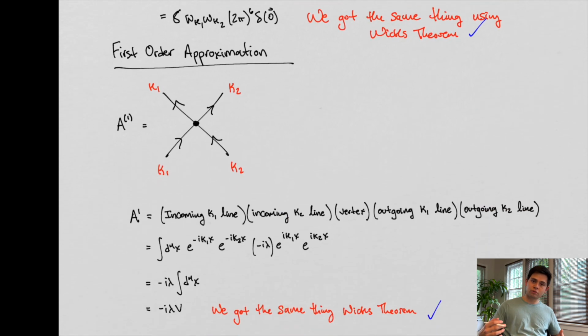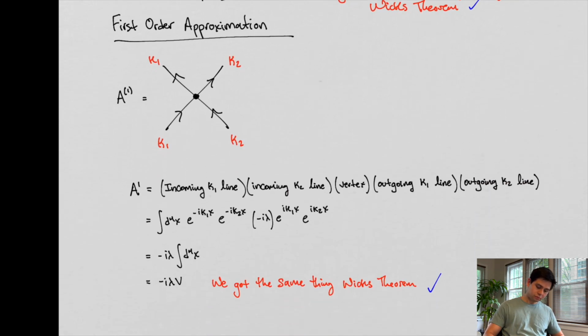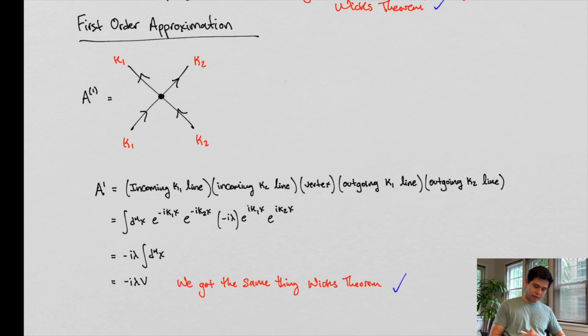So we're going to do the first order approximation now. The first order approximation, again, we have our incoming lines, right? So this is our first order approximation with the 1 in the superscript. So we have these incoming lines here, and so we have incoming line K1, that's this one, K2, that's this one right here. What I can do is I can say, K1 is this guy.